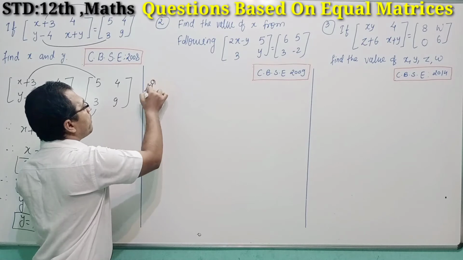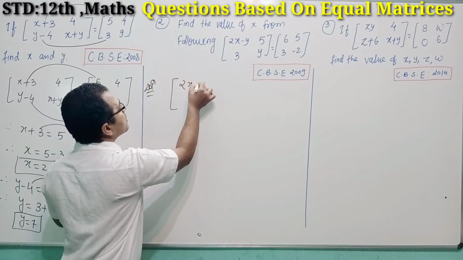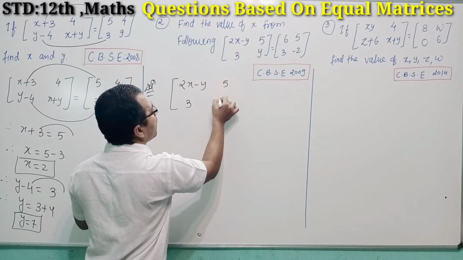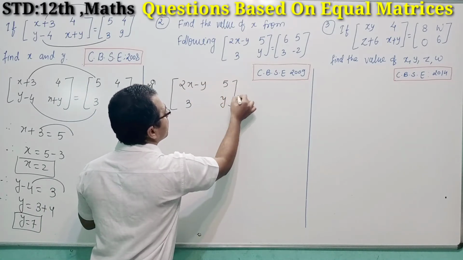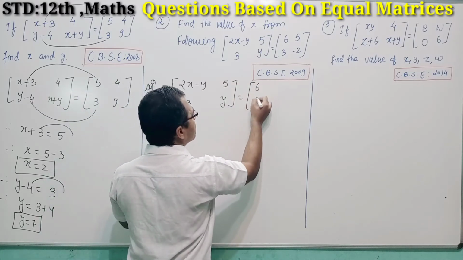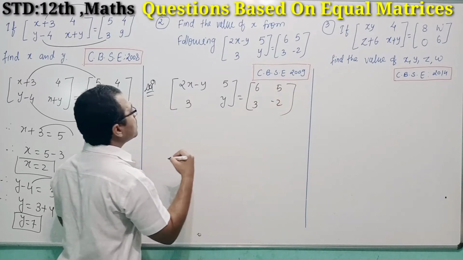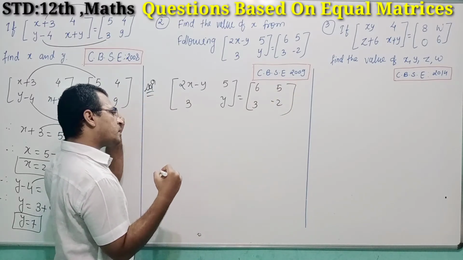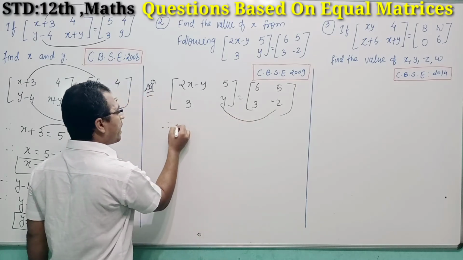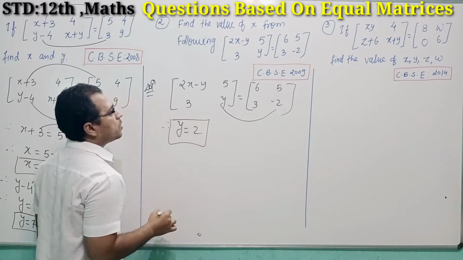Now in the next question, for the equal matrices, the matrices are 2x minus y, 3, 5y. This matrix is equal to 6, 3, 5, minus 2, right students? Now you can compare the corresponding elements. First of all, 5y can be compared with minus 2, and hence the value of y is 2.